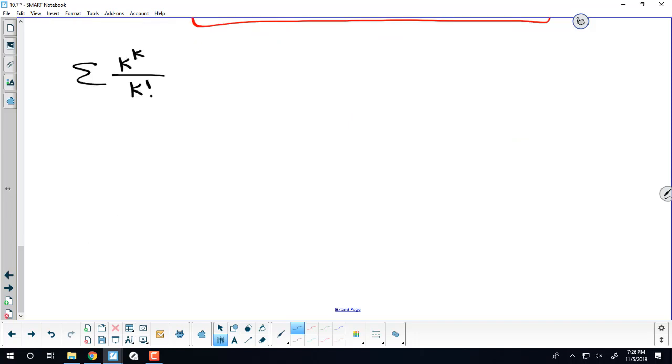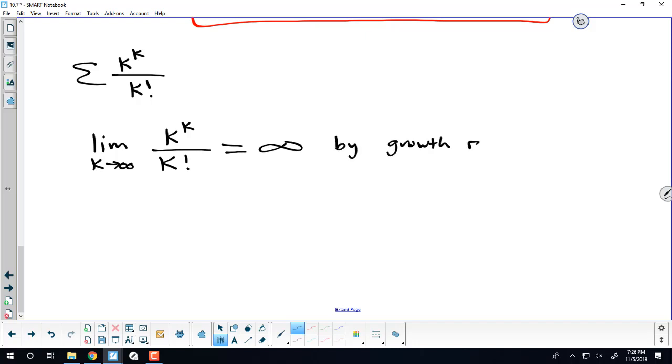When we say growth rates, we say, what's the limit as k approaches infinity of the series that's given? So this right here, that's the divergence test. The divergence test would, by growth rates, immediately tell you that it diverges, right?